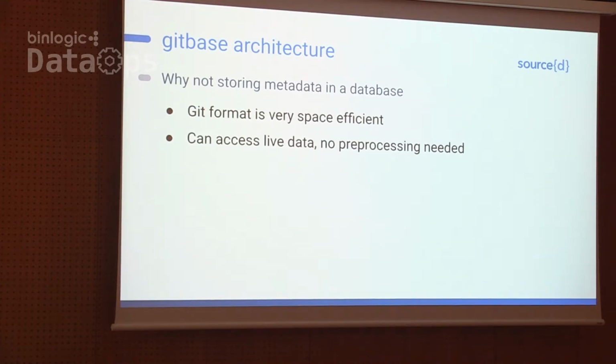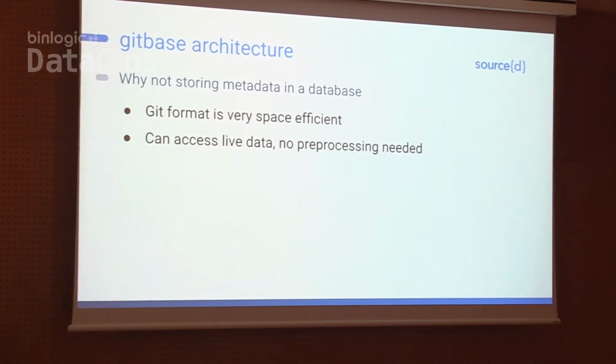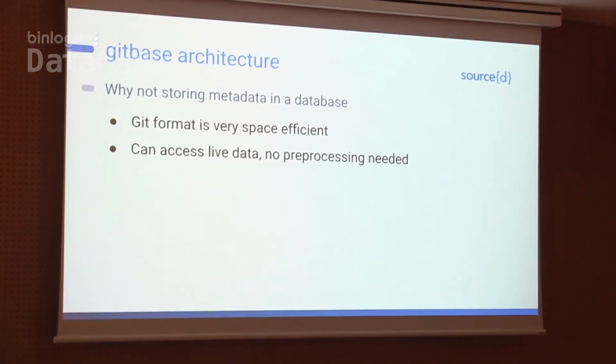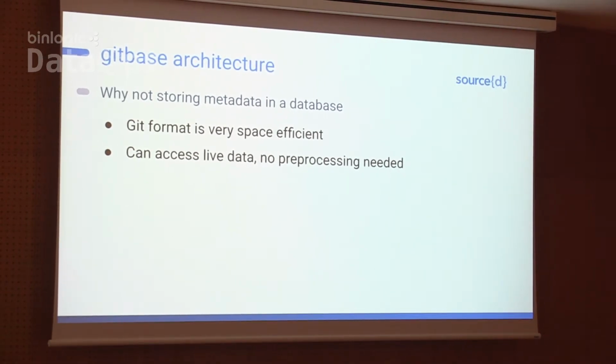If we wanted to do that with, for example, a MySQL database, it could grow to 10 times more space than is needed. The thing is that we want to process all public repositories. So, for example, you can think of 60 million repositories going from some kilobytes to some gigabytes, and you can imagine how big this will be.